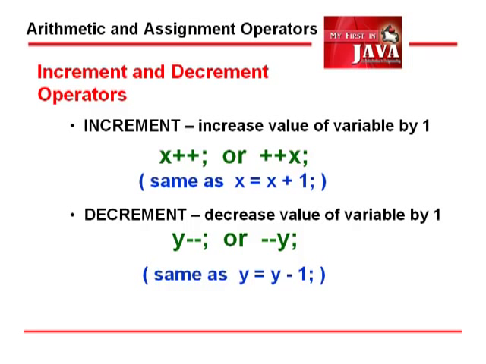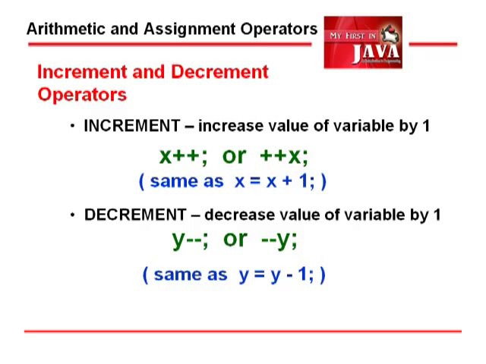Next would be increment and decrement operators. When we say increment, we increase the value of a variable by 1. In our example, we have x plus plus or plus plus x. Of course, it would be terminated by a semicolon. If you're wondering what x plus plus or plus plus x means, it's the same as x is equal to x plus 1.